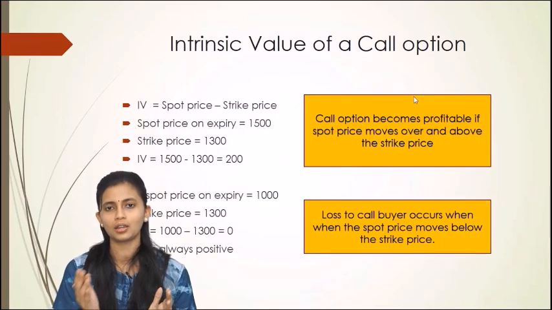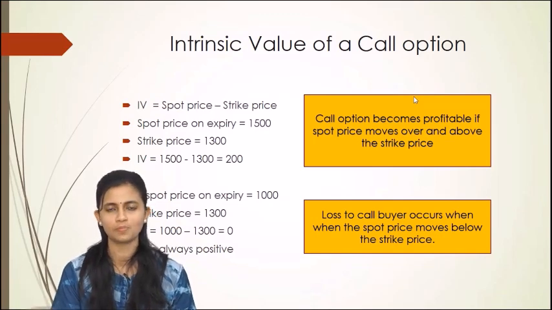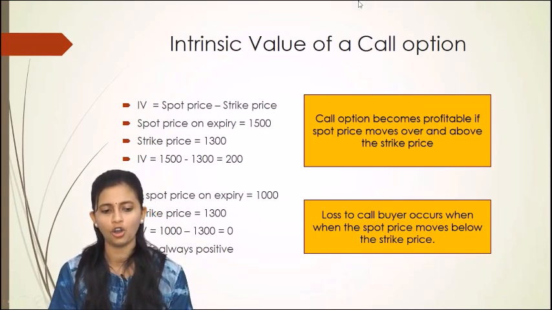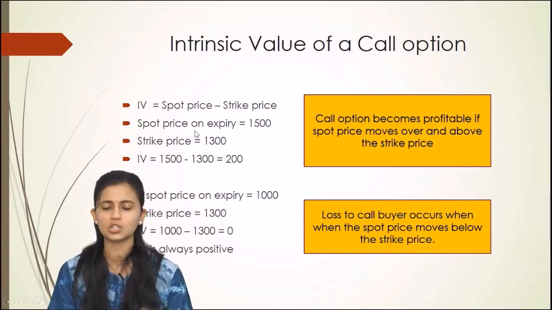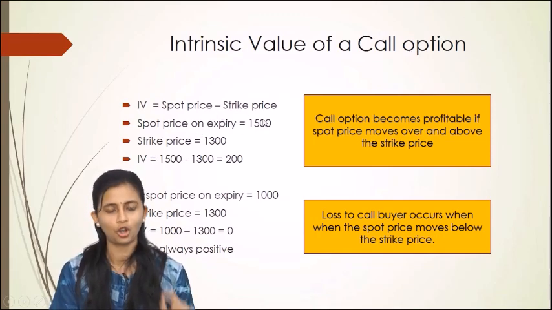The calculation of intrinsic value for call options and for put options is slightly different. The formula for calculating intrinsic value of a call option is spot price minus strike price. Okay, for call options, intrinsic value is spot price minus strike price.